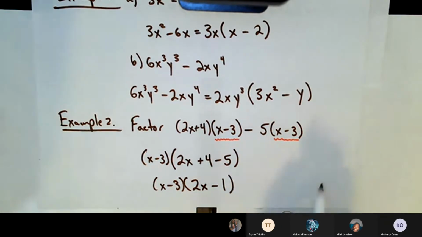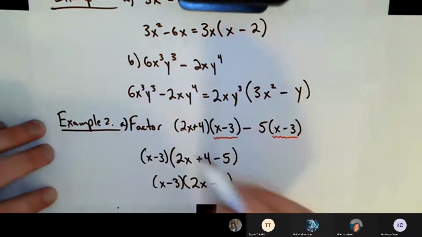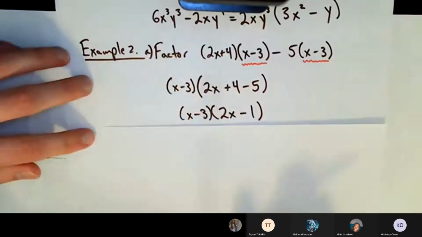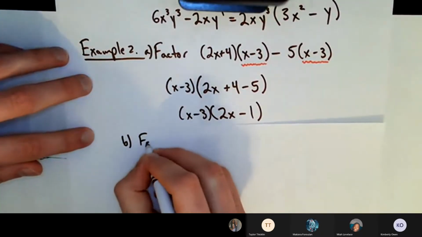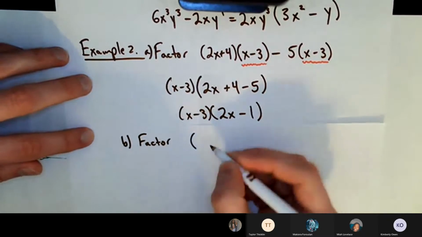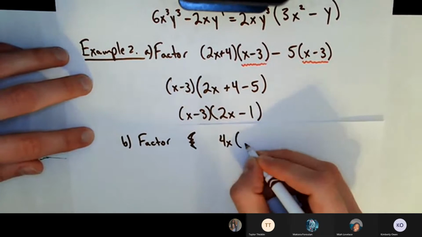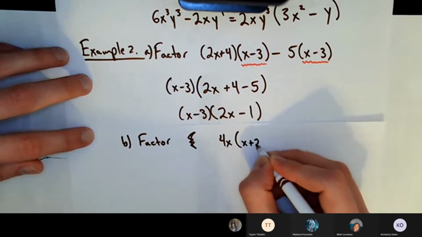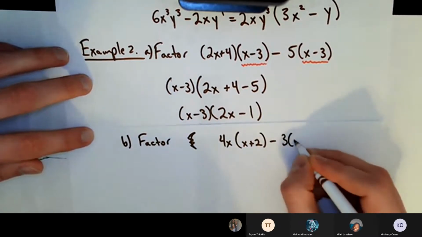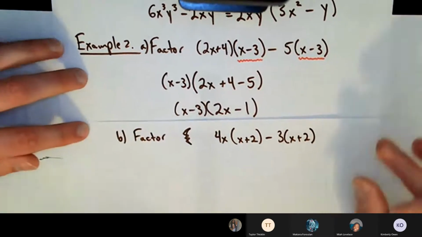This is a very important technique that we're going to be using a lot. Let's try another one. Let me call that A, and let me give you part B here. Let's do this: 4x times x plus 2 minus 3 times x plus 2.